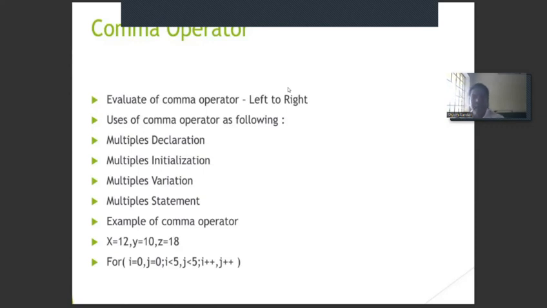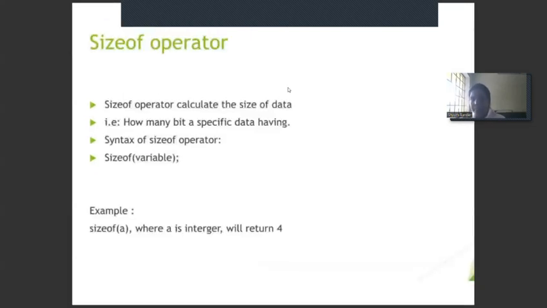For loop: i = 0, we are initializing the i value, comma, j = 0, and then the j value also we are initializing, and then i less than 5, comma, j less than 5, semicolon, and then the increment or decrement operator, i++, comma, j++. So in the for loop, we are using the comma operator.